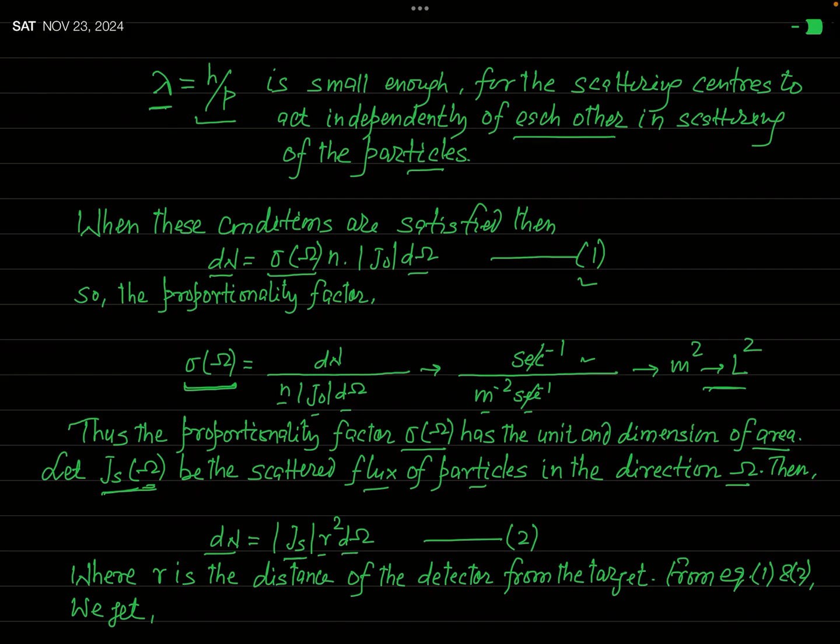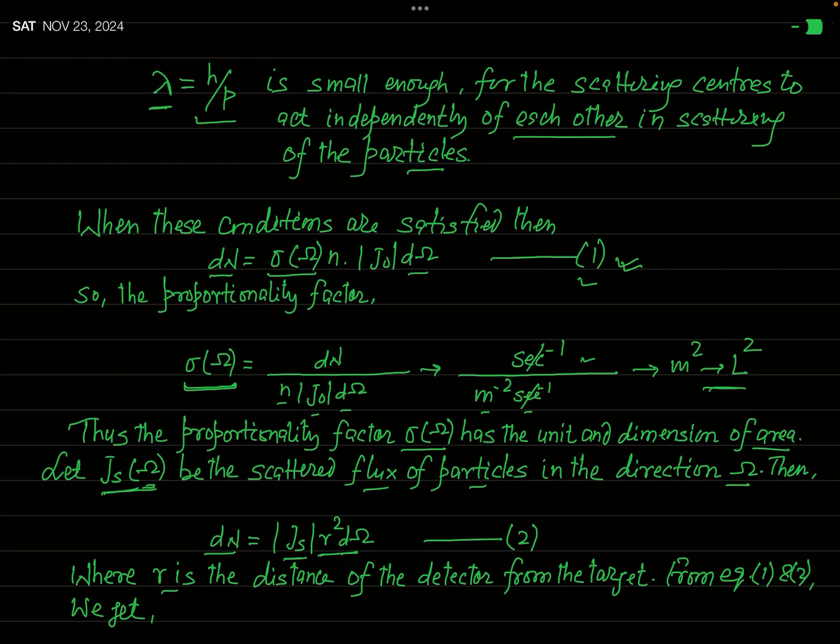Here r is the distance of the detector from the target, as you have seen in the figure. Now, in equation 1 we have defined this dn, and here too we have defined dn. How has dn been defined in equation 2?